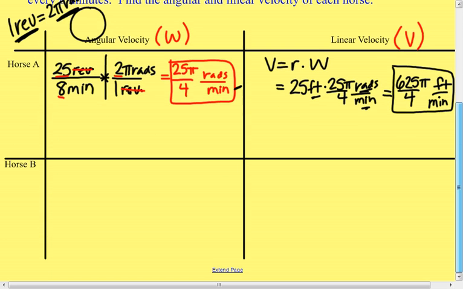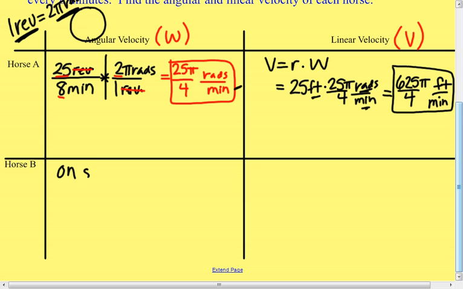Okay, now we're going to move on to horse B, and we're going to think about, is anything different for horse B, or are things the same for horse B? So for horse B, the horse still is sitting on the same carousel. It's still sitting on the same circle, and so because it's on the same circle, it's still going to rotate 25 revolutions every 8 minutes.